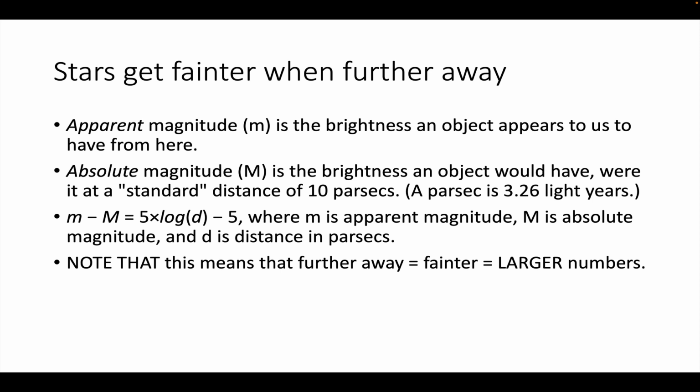And a parsec is 3.26 light years. So that formula then is m minus M, so apparent magnitude minus the absolute magnitude, is 5 times the log base 10 of the distance in parsecs minus 5. So m minus M is 5 log d minus 5. Again, further away is fainter, so that means larger numbers.